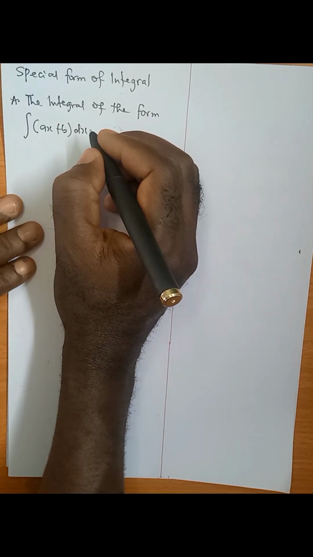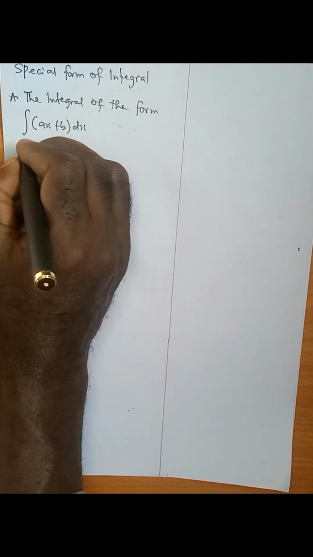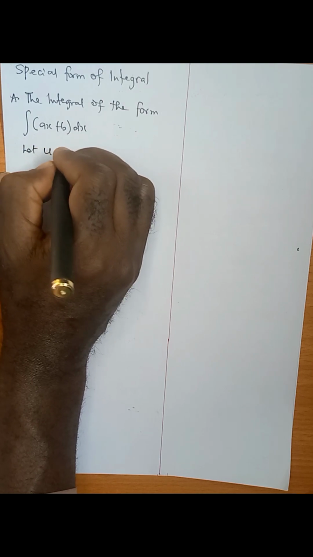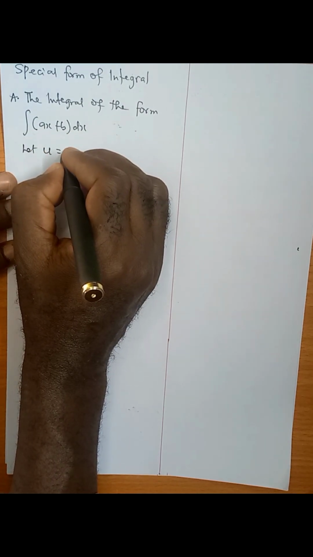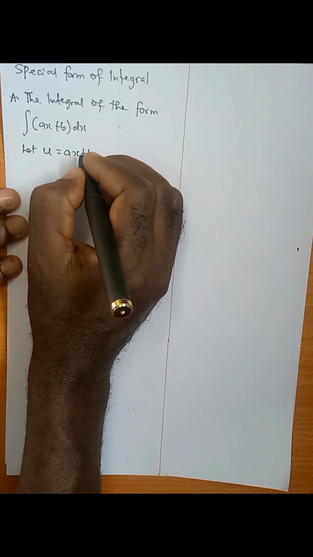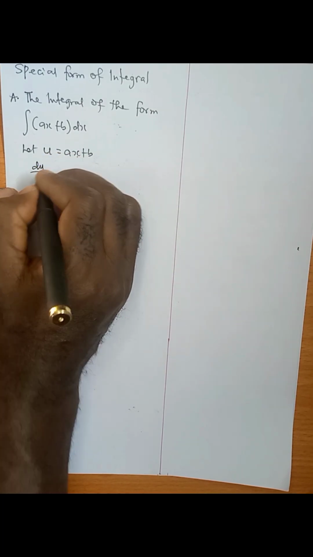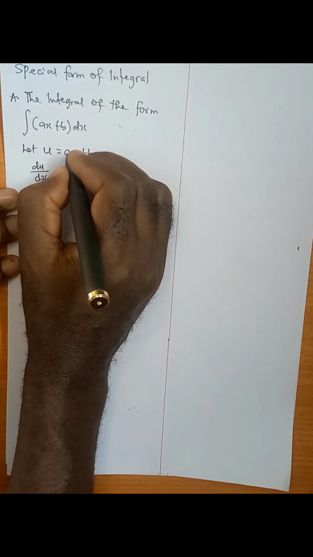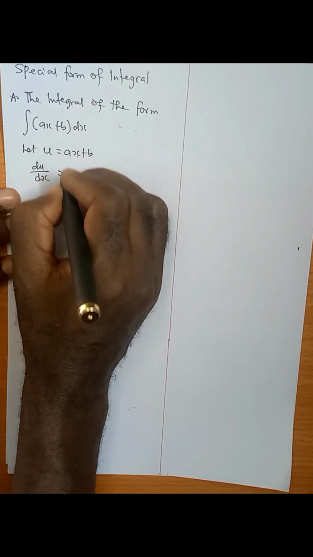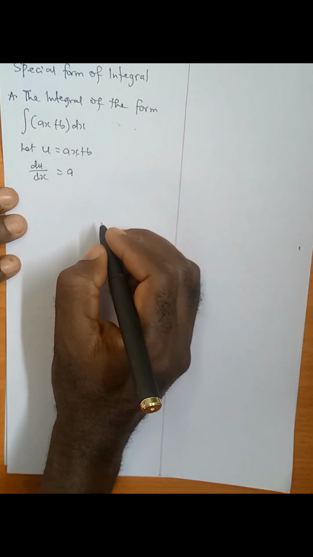Now, when we are given this type of integral, what we'll do is we say let u represent what is inside this bracket, ax plus b. Then the next thing, we differentiate u with respect to x. Say du/dx is equal to a. When we differentiate ax, it will give us a. When we differentiate b, it's 0 because it is a constant.